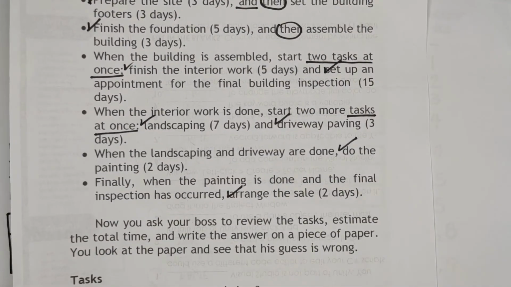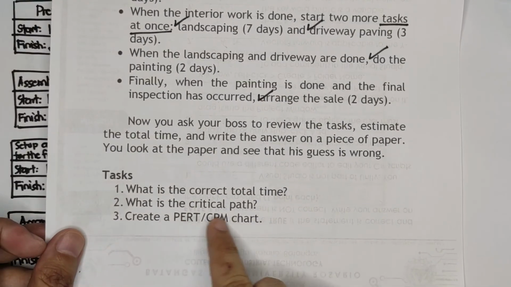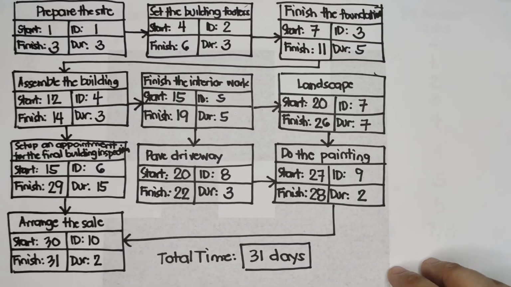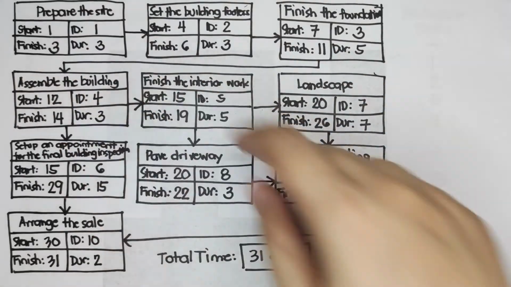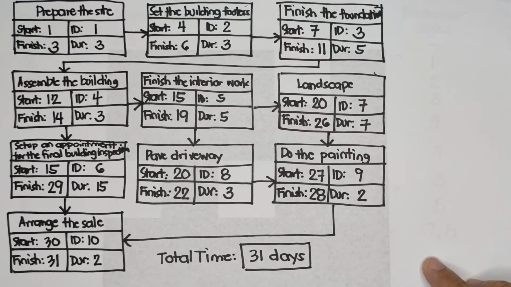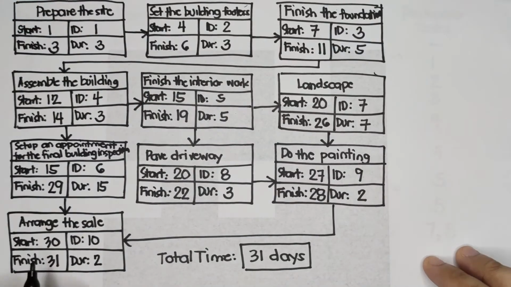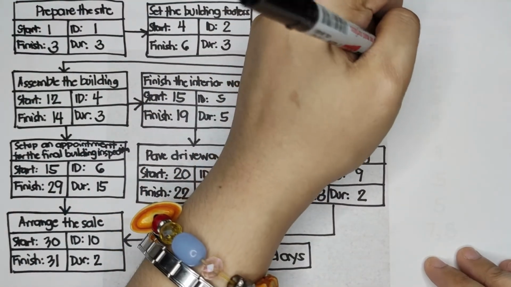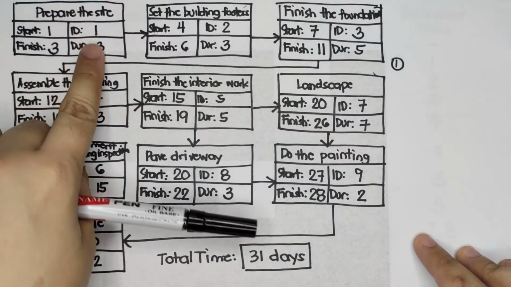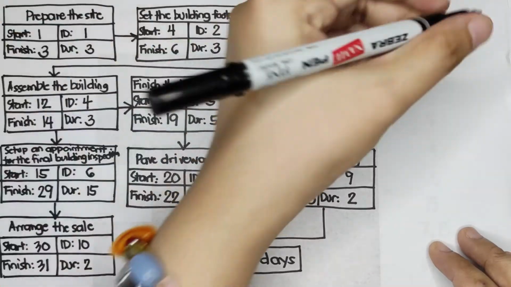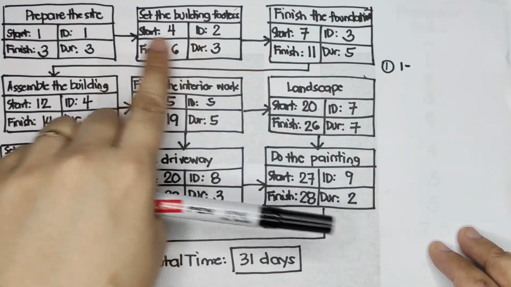Okay, what is the critical path? How are we going to get the critical path? We have to identify all the available paths here. Let's identify the first one. We have ID number 1, followed by the arrow.